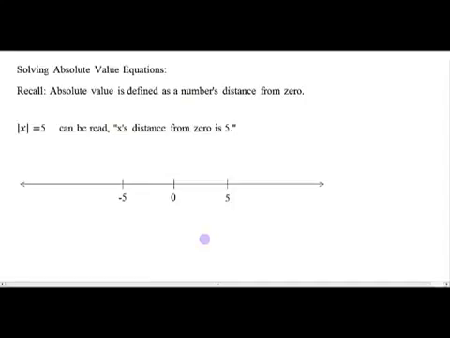Where on the number line are there numbers that are 5 units away from 0? Here at 5 and at -5. Both numbers are 5 units away from 0. So the solution set to this absolute value equation would be -5 and 5.